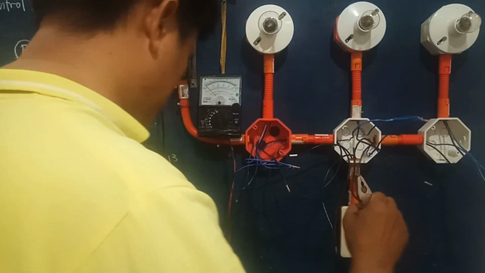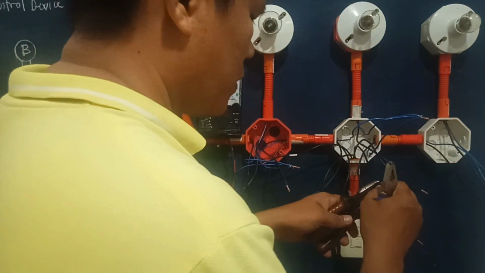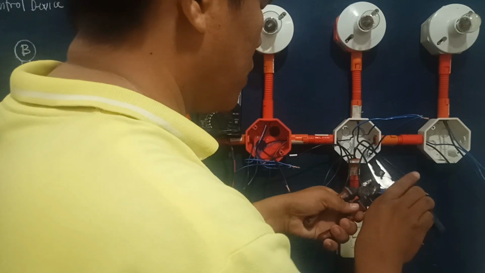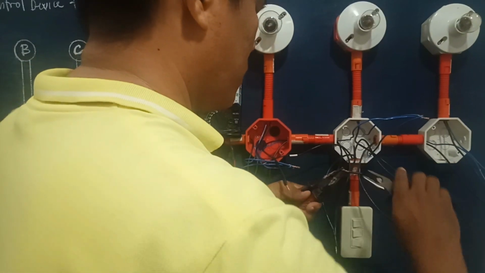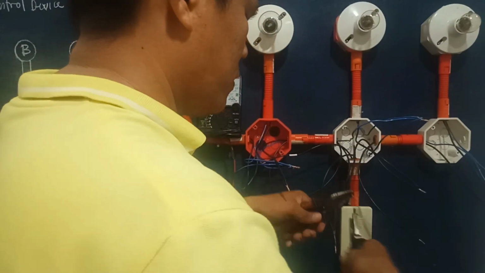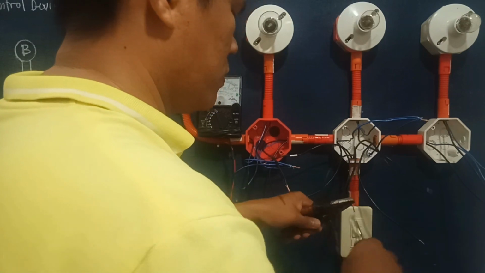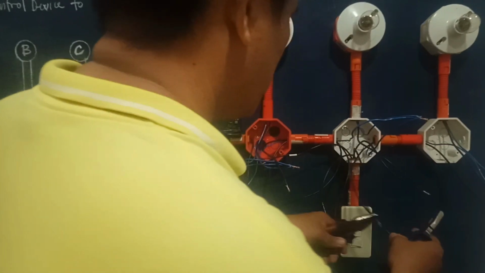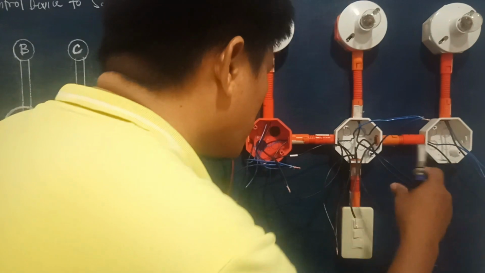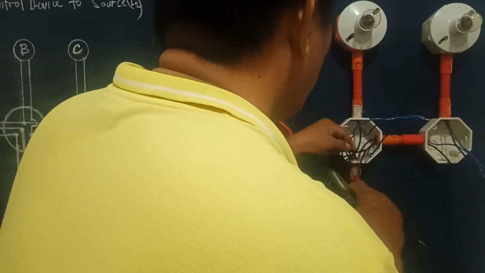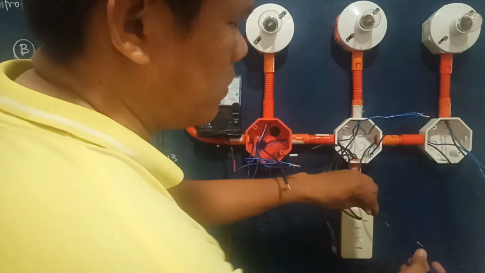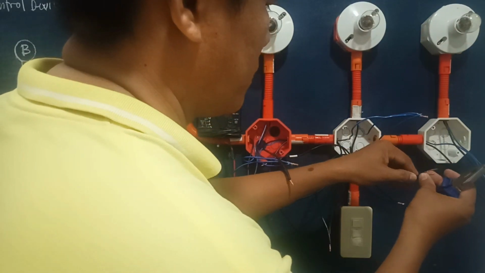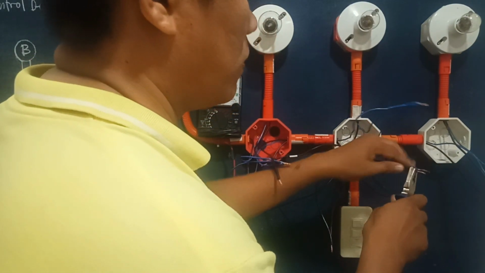Alright, so this one. Remove again the insulator right here. Okay, so connect each other. We will just arrange the wire coming out right here. Then connect each other.